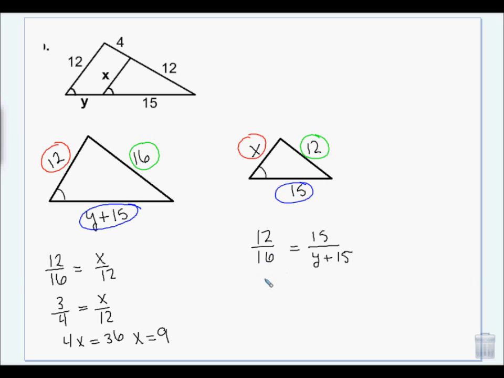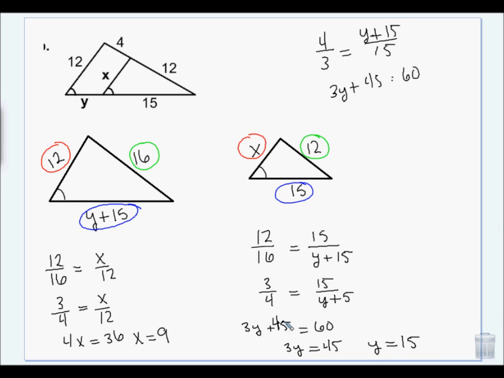I can reduce that. So 4 times 15 is 60. And then 3 times y plus 5 is 3y plus 15. So 3y is equal to 45, so y is equal to 15.